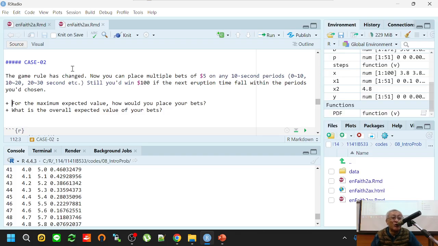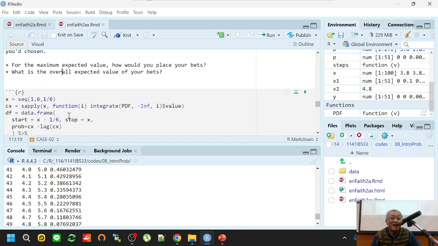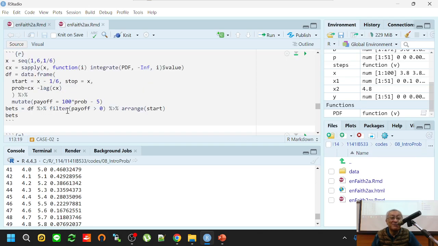So this is the problem. It's kind of very short. Let's see how we do it. First of all, we need the sequence, because we want to calculate the probability for every 10-second period.